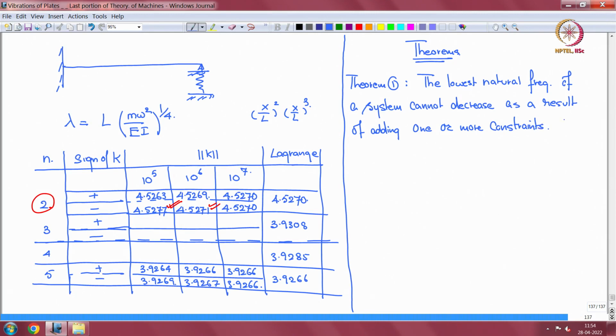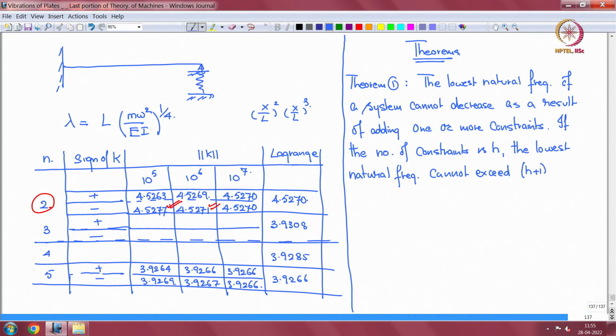Okay. Then if the number of constraints is h, the lowest natural frequency cannot exceed the h plus 1th natural frequency of the original system.